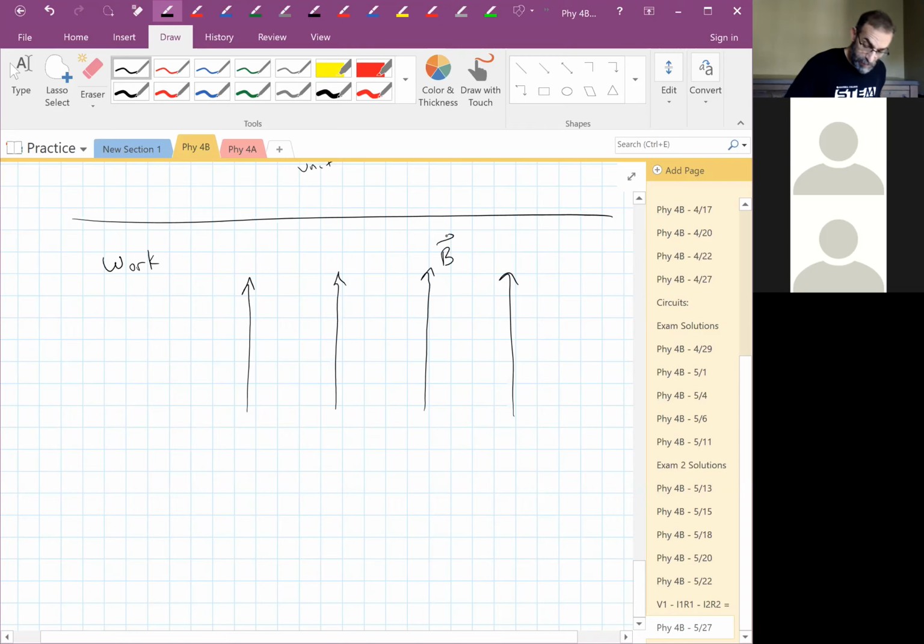And we're going to move a particle from A to B. Make it a positive charge. Okay, we're going to move that positive charge from A to B. How much work is done by the field in moving that particle from A to B?